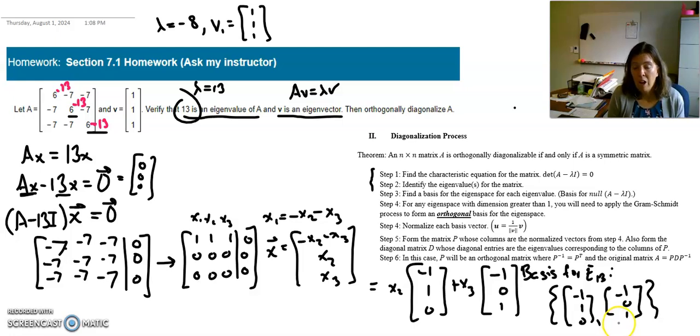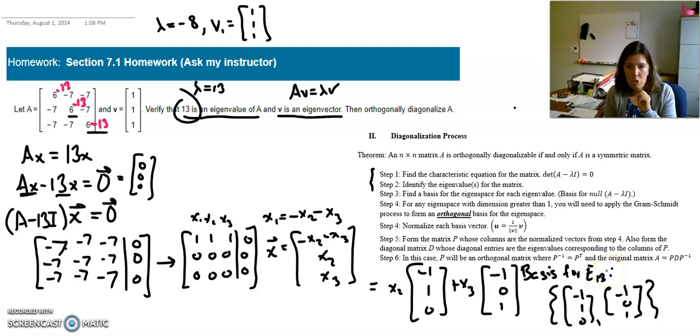So they're not orthogonal. And in this diagonalization process, we do need orthogonal vectors as the columns of that diagonalizing matrix P. We need the columns to be orthogonal. So these two vectors aren't going to work, unfortunately.